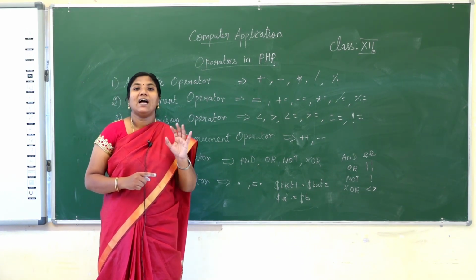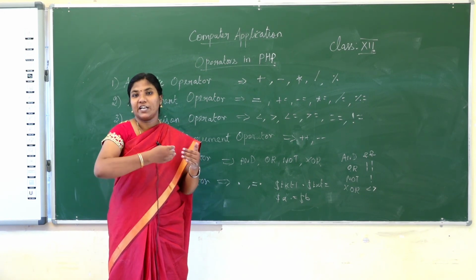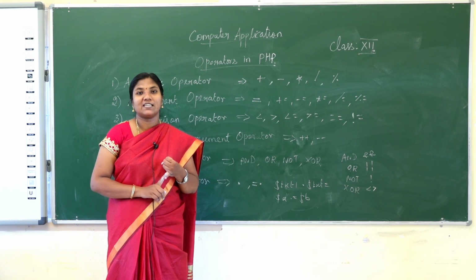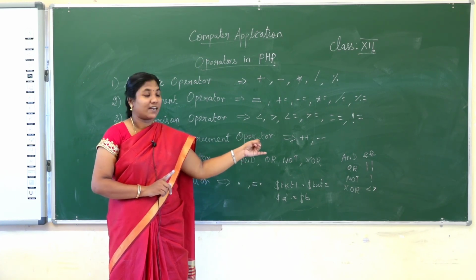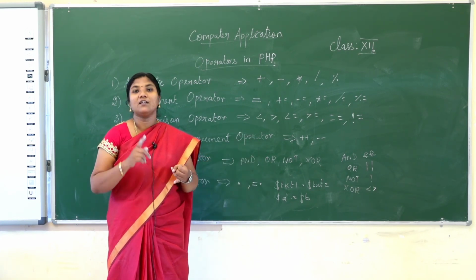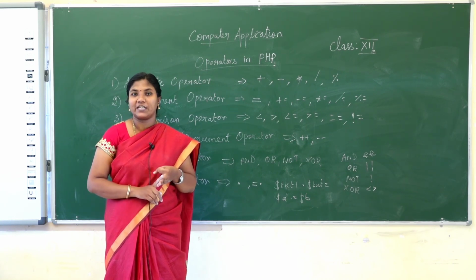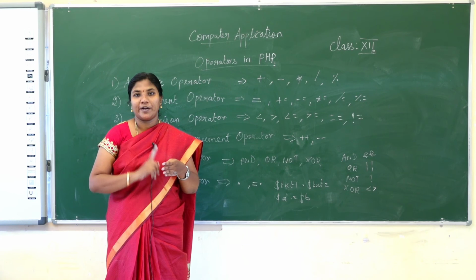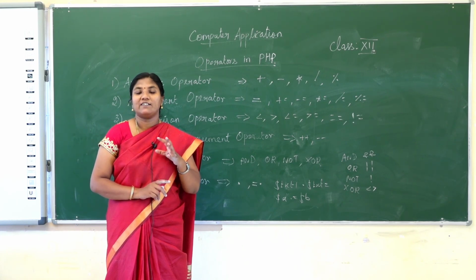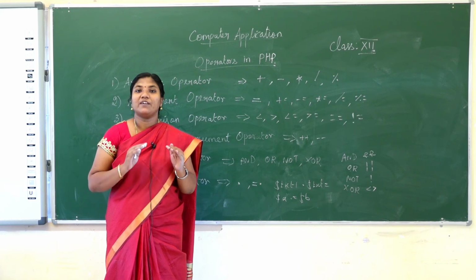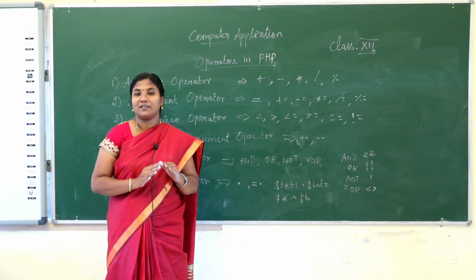Next you got into the programming language: the types of syntax for writing a program in PHP, how variables are formed, the data types in PHP, and the operators in PHP. These are all the basic things for a PHP programming language, so you must be very well versed with this chapter. Thank you students.